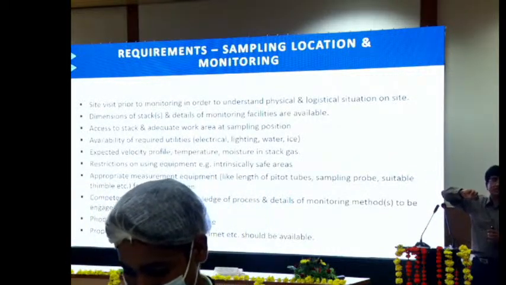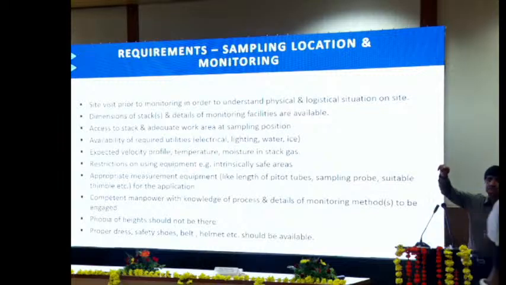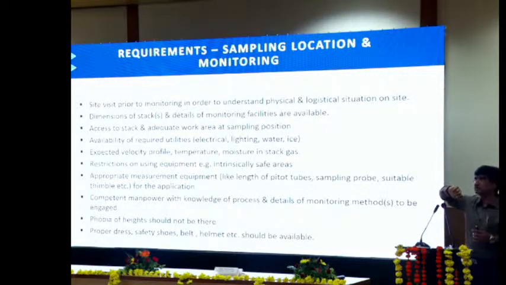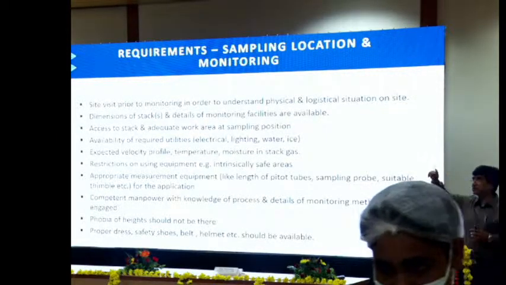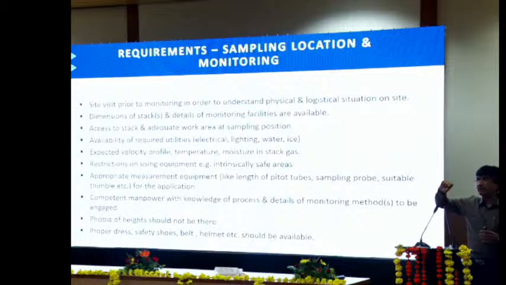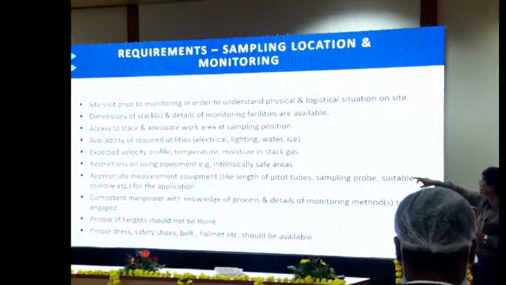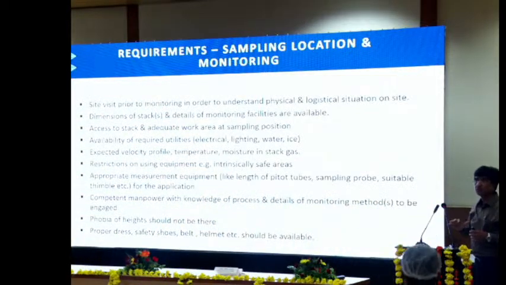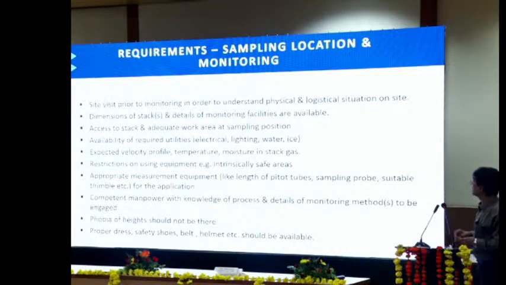Why is temperature required? Anybody? Why do we need temperature beforehand? Is it required for the selection of the appropriate thimble? So if you know the temperature, you will be preparing yourself to take that thimble only. Okay? So the idea is that this particular profile should be known, should be made available to you.